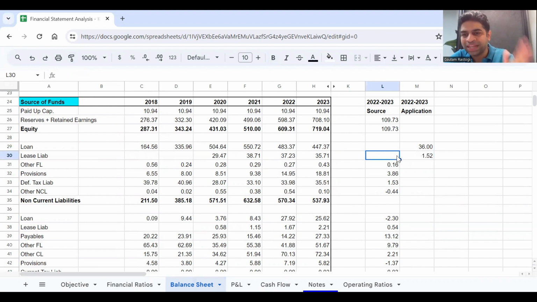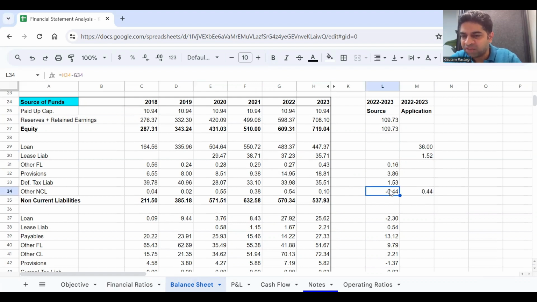I'm moving all the negative sources to the application side because they're not sources. Any source of fund, okay, which has reduced from 2022-23 is not a source. Okay, it's actually an application of the fund. That's why I'm moving it to the application column. All right, that's what I'm doing.